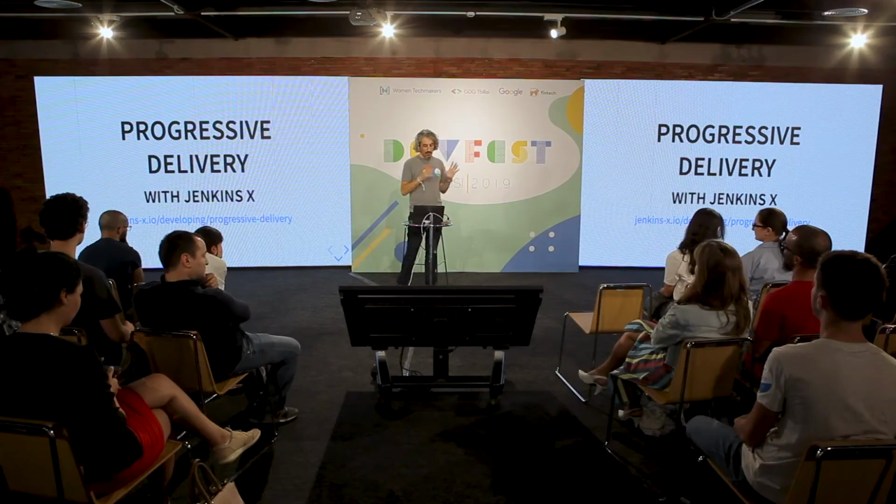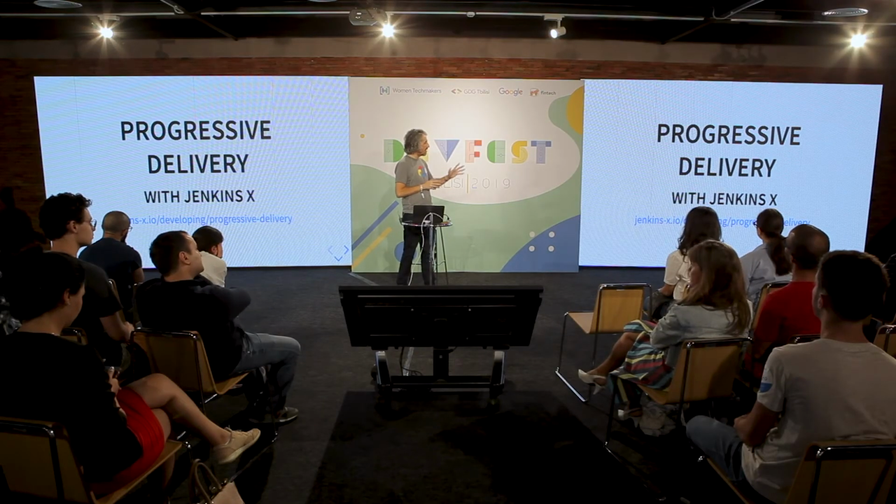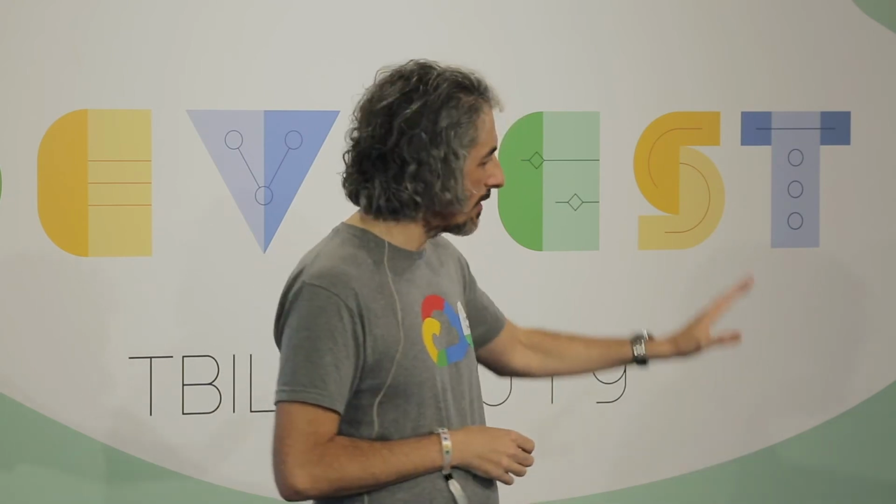So what I showed you in the demo, there's a write-up on the Jenkins X site on how to do progressive delivery with Jenkins X. I'm not gonna go into details, but behind the scenes, it uses Istio, which is a service mesh.